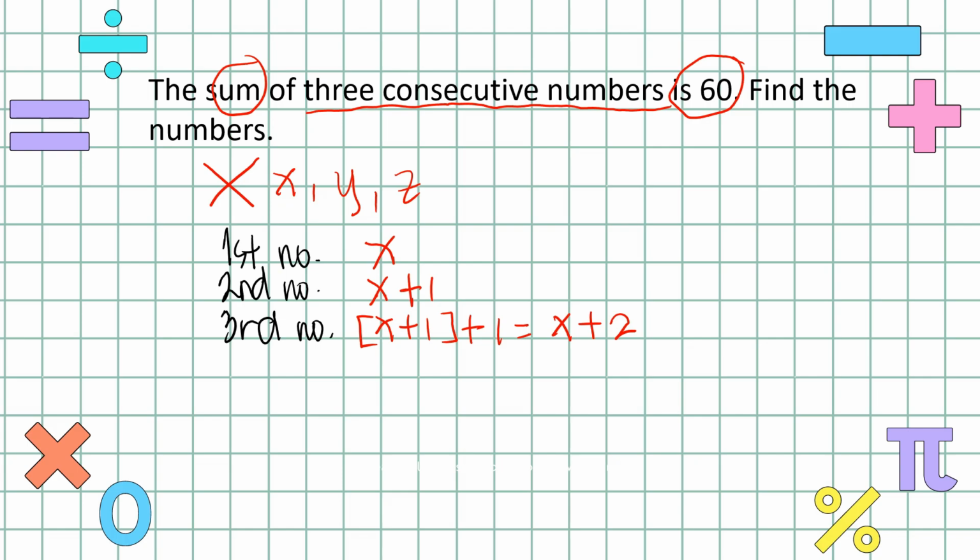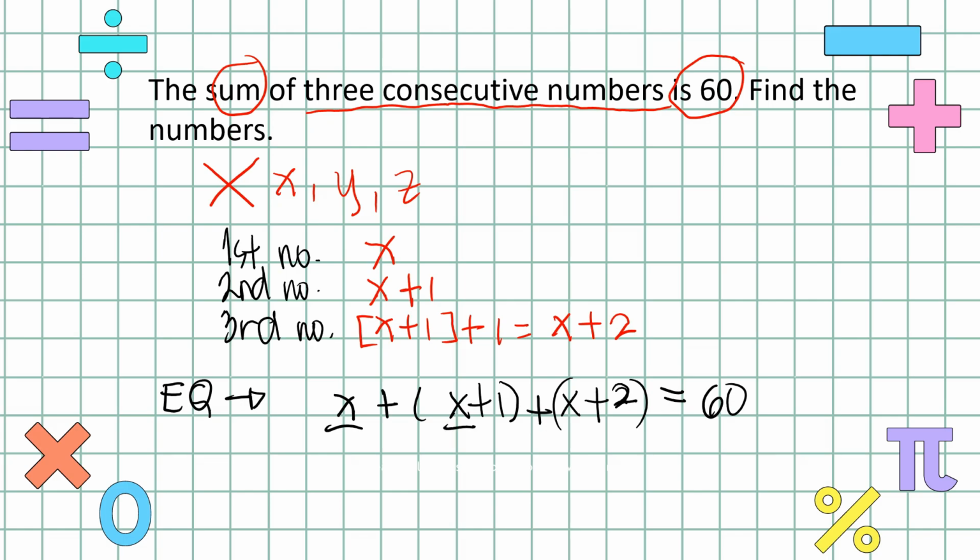And now that we have the consecutive numbers, we can formulate our working equation based on the relationship of our consecutive numbers. According to the problem, the sum of these three numbers is 60. So the sum of these three numbers, which are x, x plus 1, and x plus 2, is equal to 60.